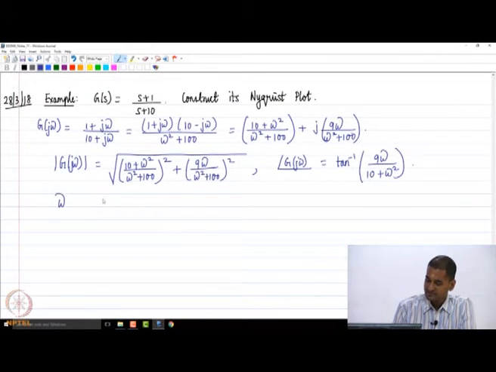So let's look at the real part of G of j omega and the imaginary part of G of j omega at various frequencies.